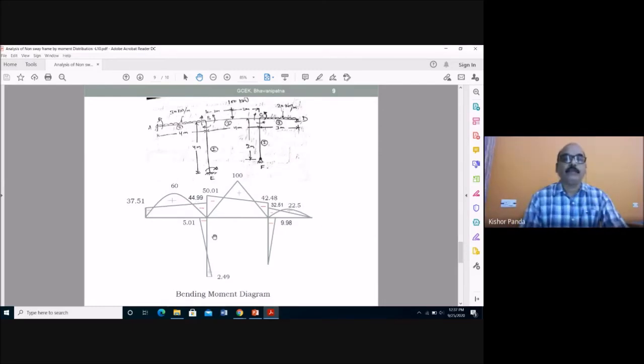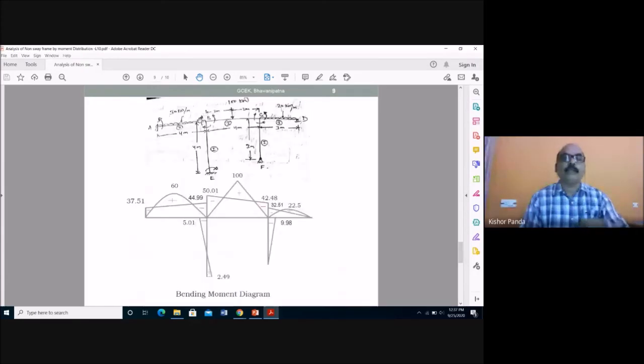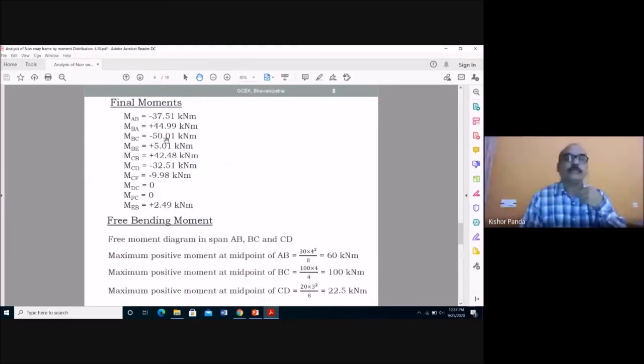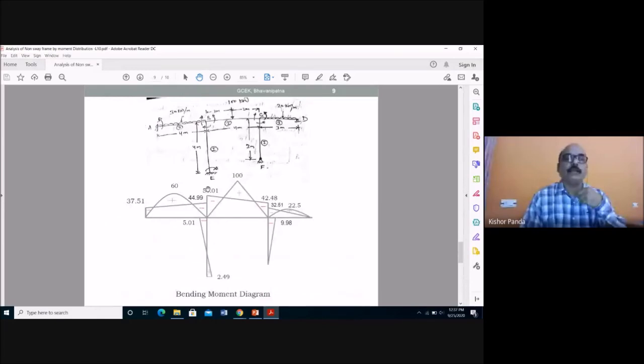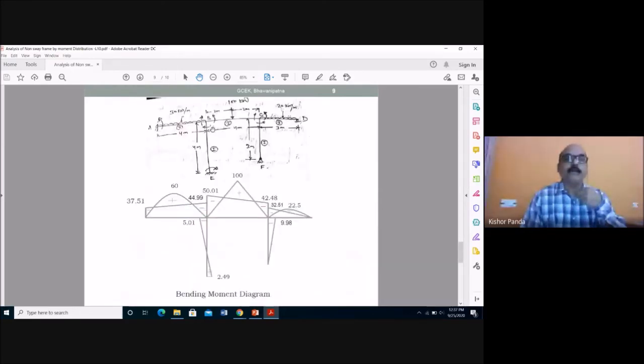Then MBA is equal to 44.99. Then MBC is minus 50.01, so here you see this is your 50.01. Then MB is 5.01, this side 5.01, this side 5.01.